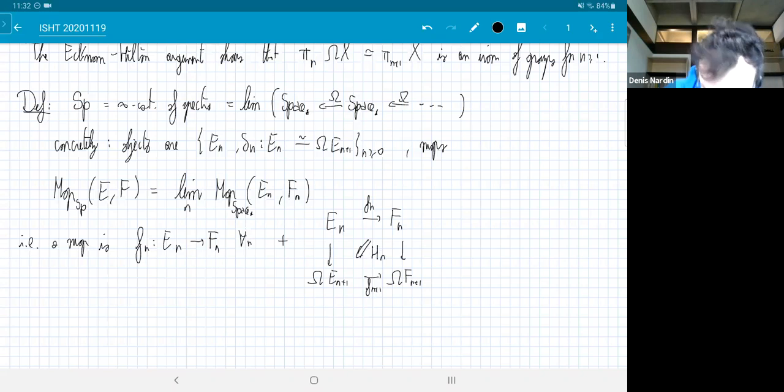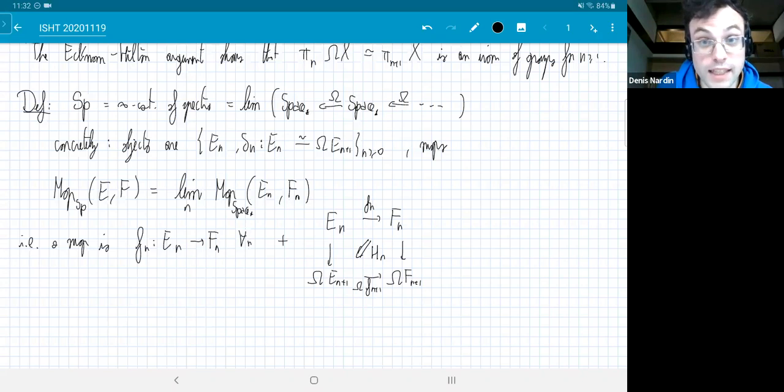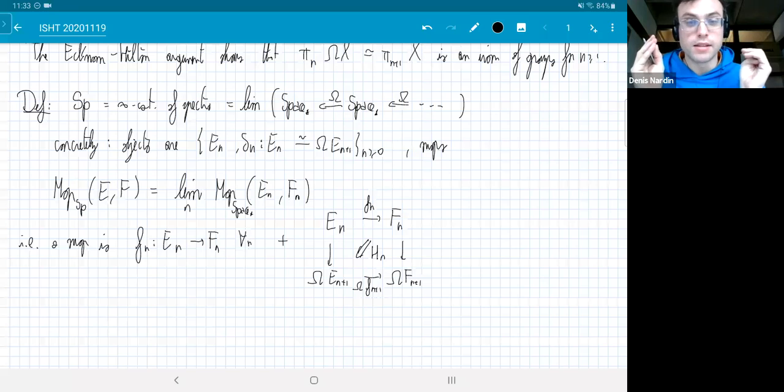Let me call it H_n. And this homotopy is part of the data of the map of spectra. And you can actually see that if you do a map of cohomology theories, you are still giving these F_n's, but then you're just asking that this square commutes up to homotopy, and you're not giving the homotopy. That's exactly why the map from spectra to cohomology theories is not full, because we are forgetting data, and this data is important.